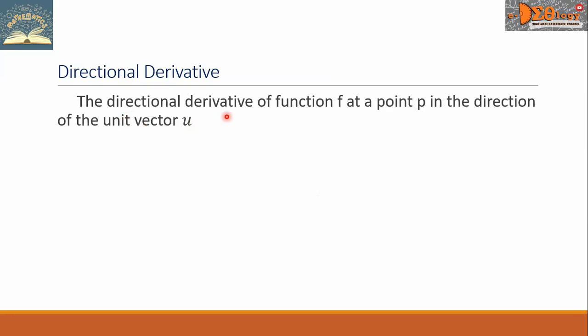The directional derivative of a function f at a point P in the direction of the unit vector u is given by the formula df over ds equals grad f dot u.